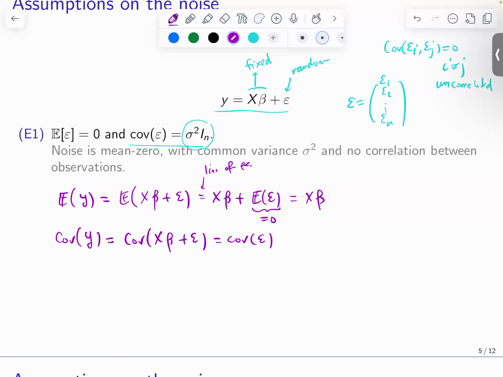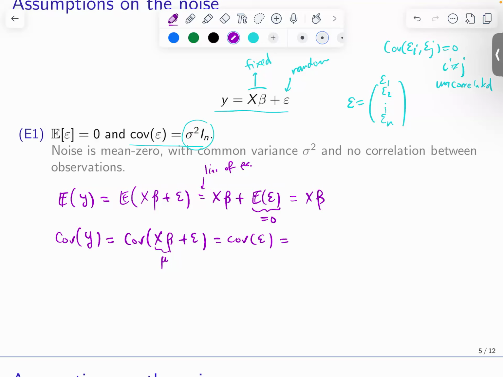It's constant. It's like a vector, some b. Actually, it's mu. Let's call this mu. Mu is fixed and it's a constant shift. And shifts don't change the covariance, because if you remember, it's defined based on the centering. So once you center the vector, the constant shift goes away. So it's insensitive to the constant shifting.